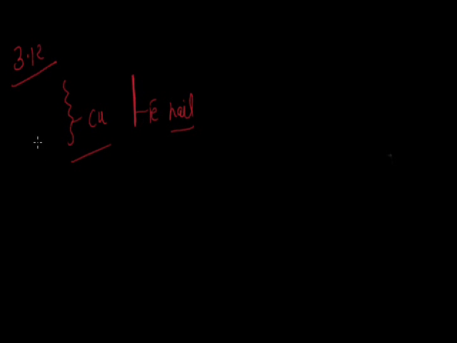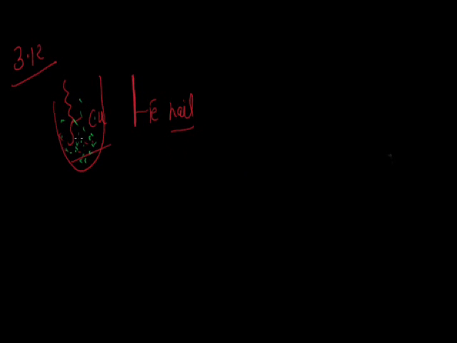Put the copper wire in a solution of iron sulfate, FeSO4, which is light green in color. And the iron nail is placed in the copper sulfate solution, which is blue in color.